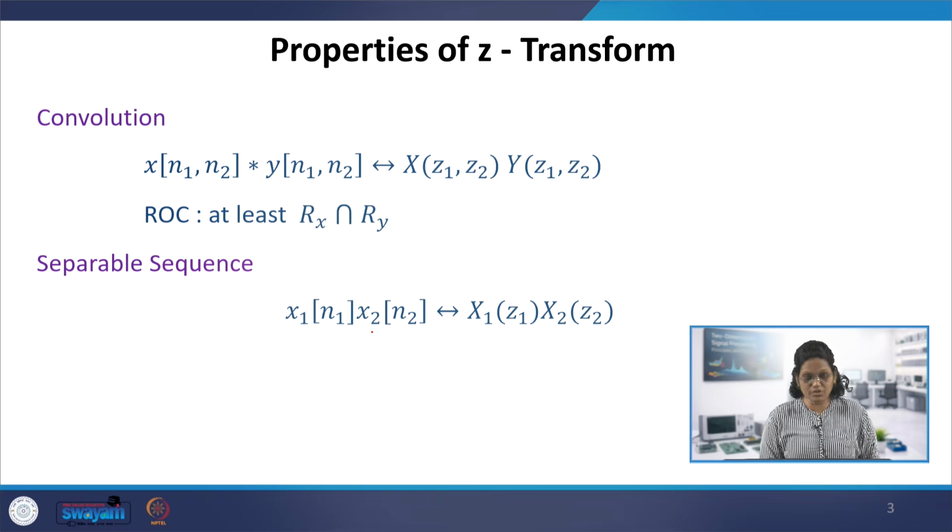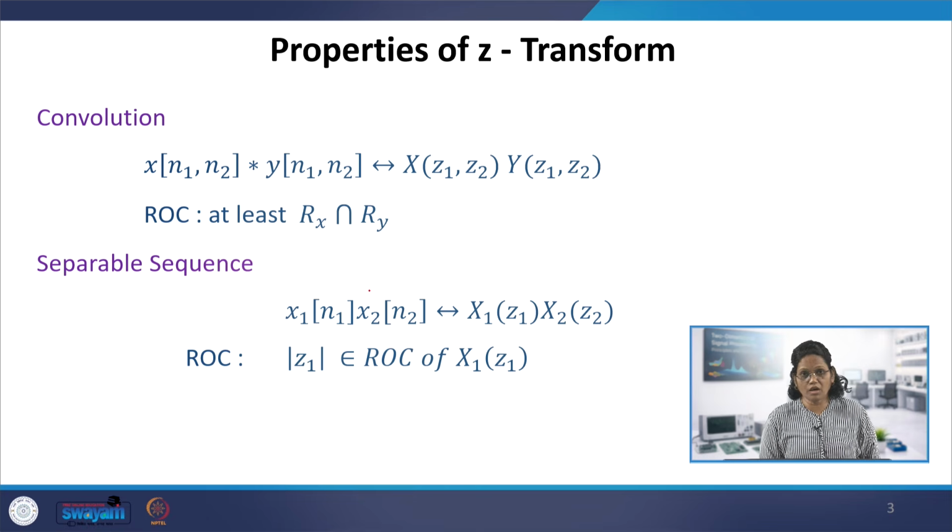It's not the convolution; it is just a multiplication, resulting in x1 of z1 and x2 of z2. So in the frequency domain, it's just a product of the individual Z transforms. This helps in finding the Z transform in the 1D form.